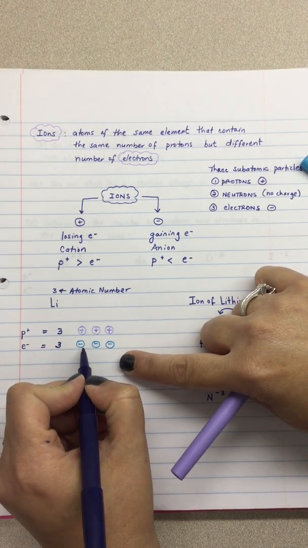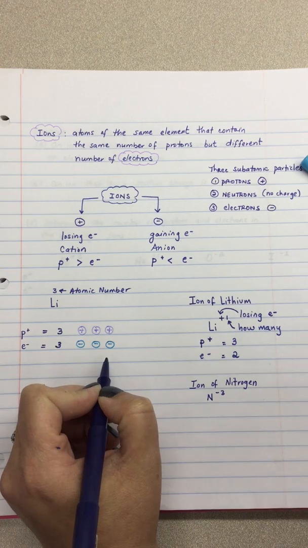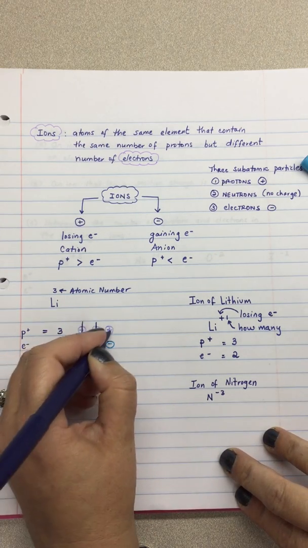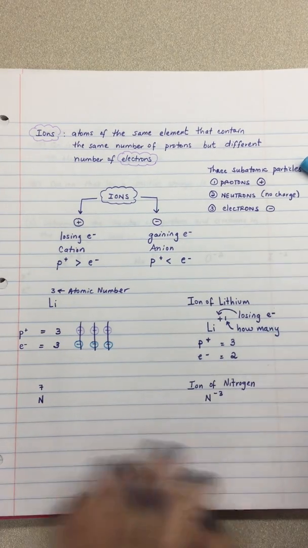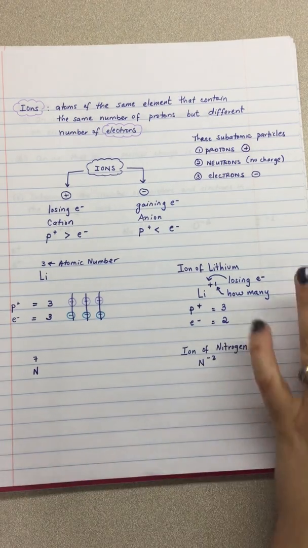Plus 3 plus negative 3 gives you a neutral charge of 0, no overall charge, because they cancel out. When you have lithium plus 1, you still have your 3 protons, that's not changing.